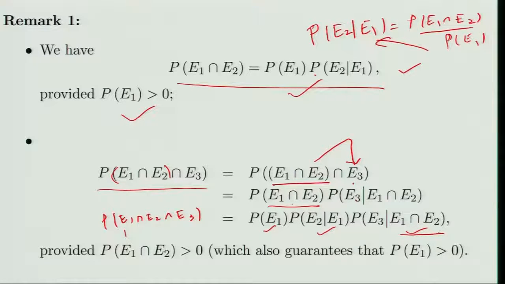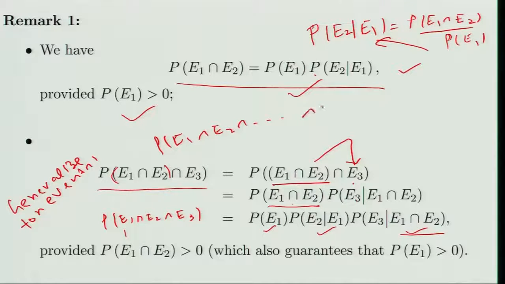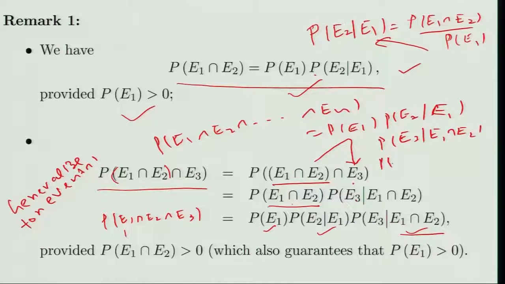Now you can generalize this to n events, straightforward. Probability of E1 intersection E2 intersection up to En would be the same as P of E1, P of E2 given E1, probability of E3 given E1 and E2, then probability of E4 given E1, E2 and E3 and so on. So you can generalize this formula in a straightforward manner.